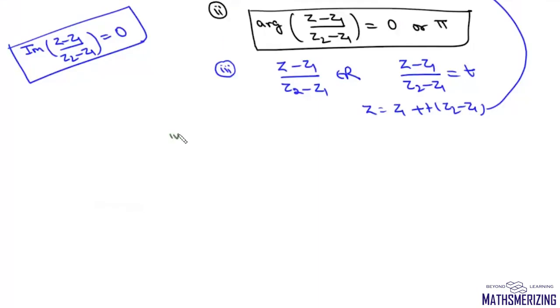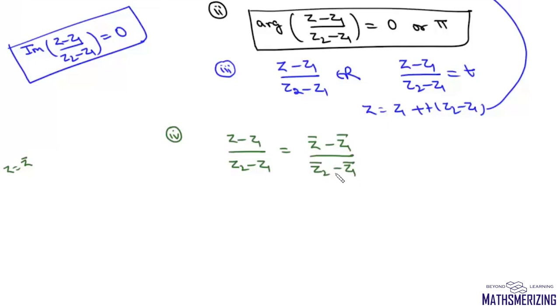Now we know that if argument is 0 or pi, then it is purely real, and we also know that if a complex number is purely real, then z is equal to z bar. So we can write (z minus z1) upon (z2 minus z1) must be equal to (z bar minus z1 bar) upon (z2 bar minus z1 bar).